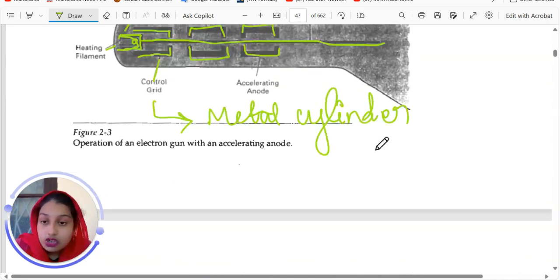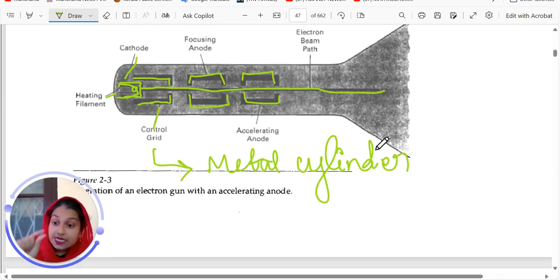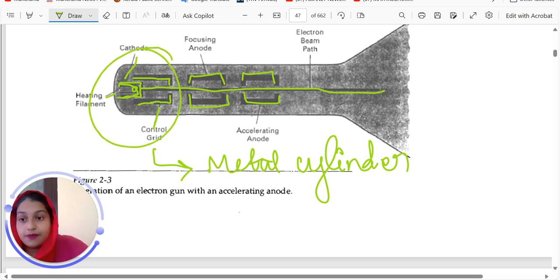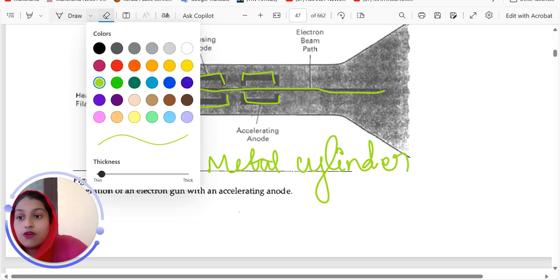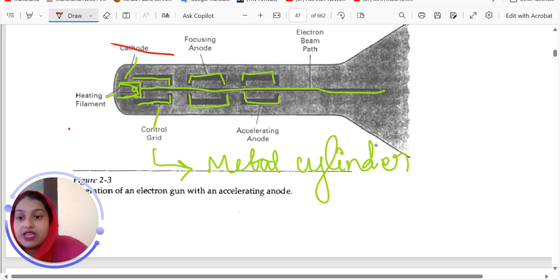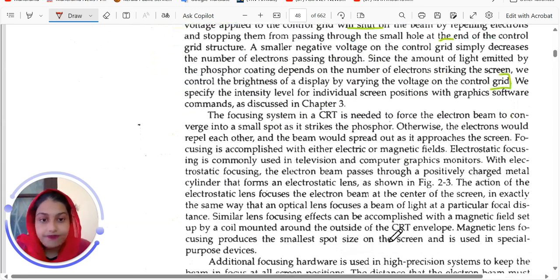Now, why is this control grid used? Because the intensity of the light is determined by the number of electrons, so we can control that using the control grid. That is why we are using the control grid.